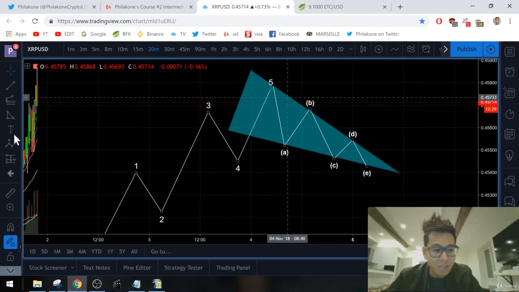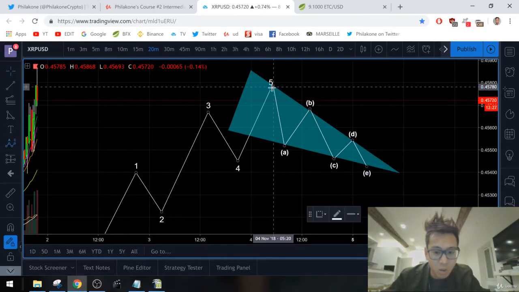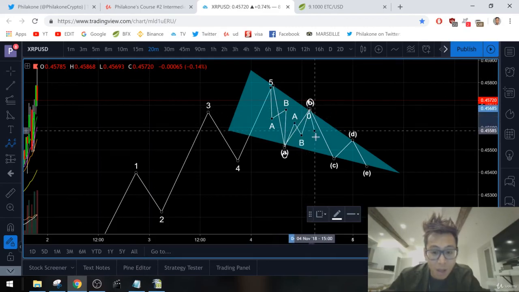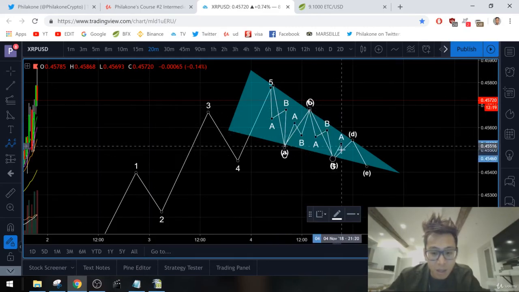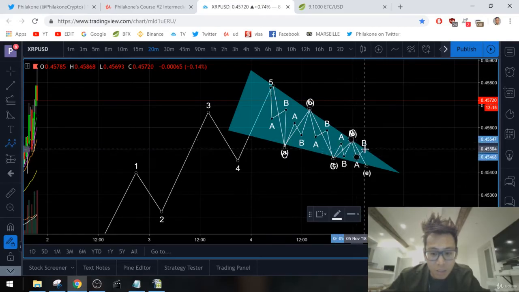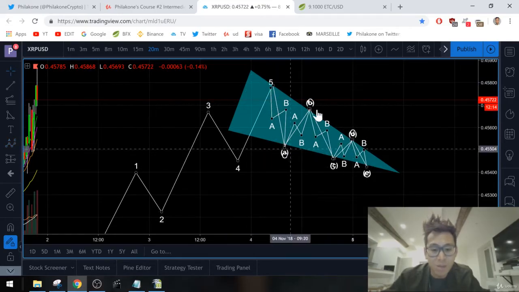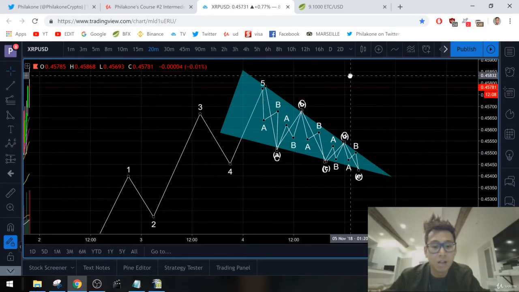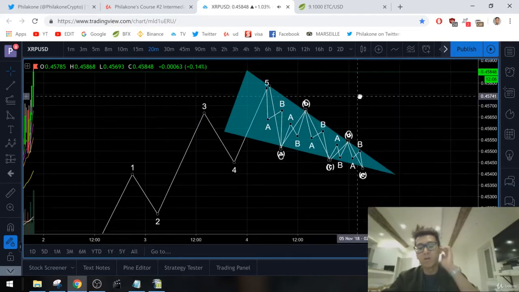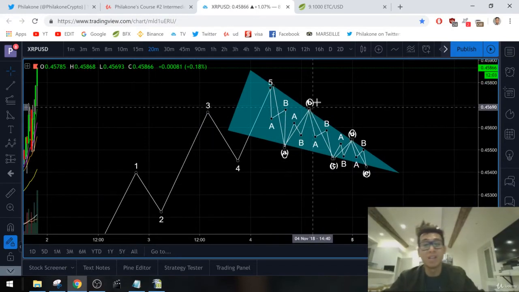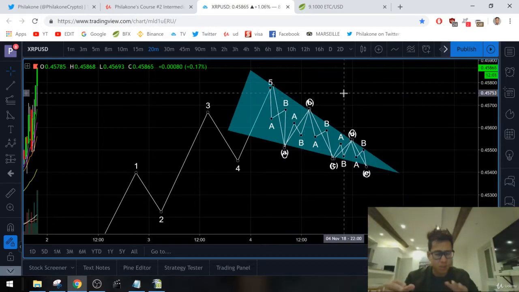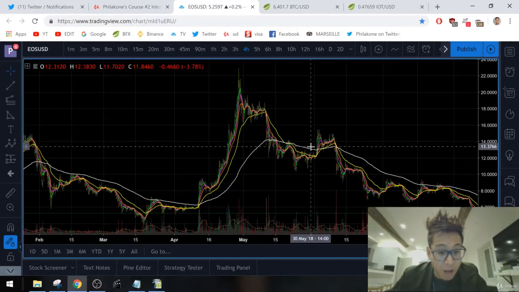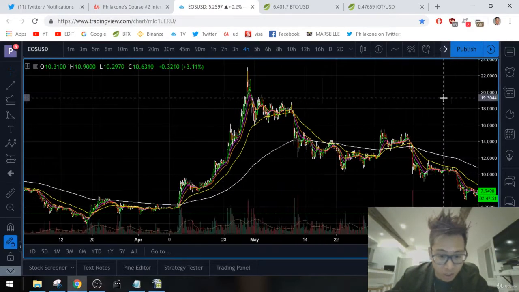But if it is making a subdivision where it goes ABC, ABC, ABC, ABC, ABC, subdividing 3, 3, 3, 3, and 3, that is what you call an ABCDE. Make sense, guys? You see these patterns all the time, and perhaps even in a flag consolidation sometimes where it gets a little bit tighter in the range.